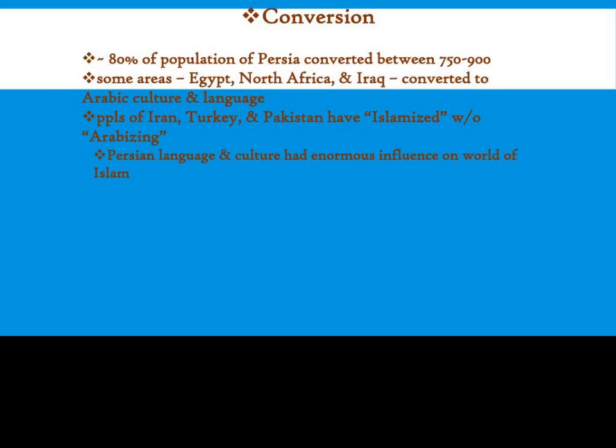Like I said, about 80% had converted in Persia. And when I say Persia, the Turks, and Pakistan have Islamized without Arabizing, essentially that means that they took on the religion but maintained their own cultural identity, their own traditional languages, and other parts of their traditions.